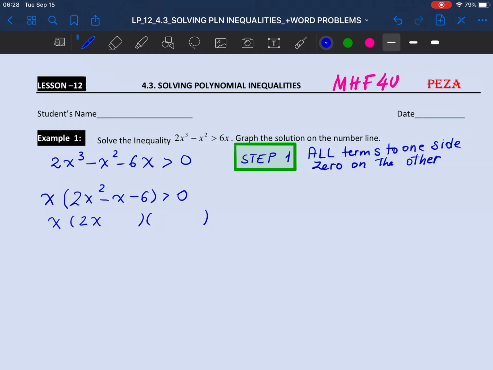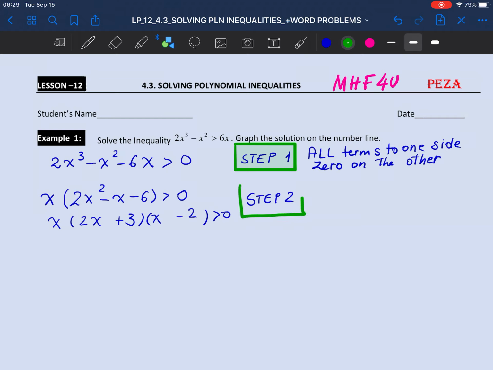So we need to factor that quadratic over there. So the first terms will be 2x and x. Now we need to find the two numbers that multiply to negative 6. Remember, we need a sum of negative 1 for the middle. So negative 2 and 3. See here, 2x times negative 2 is negative 4x, plus 3x will give the negative x. So I think that we have factored completely here.